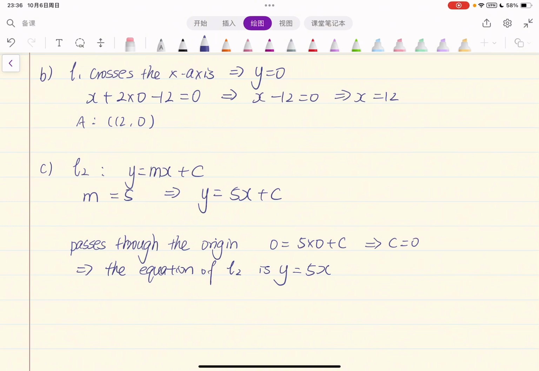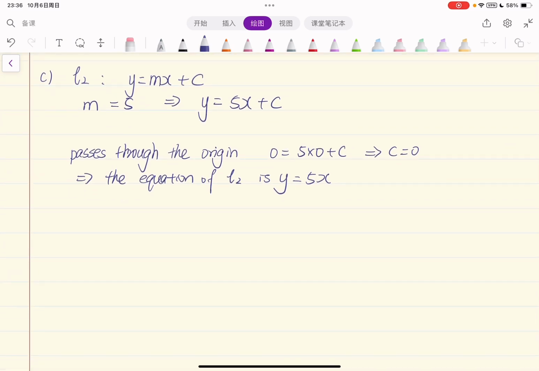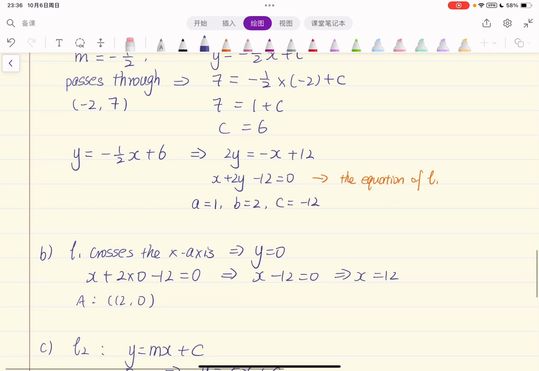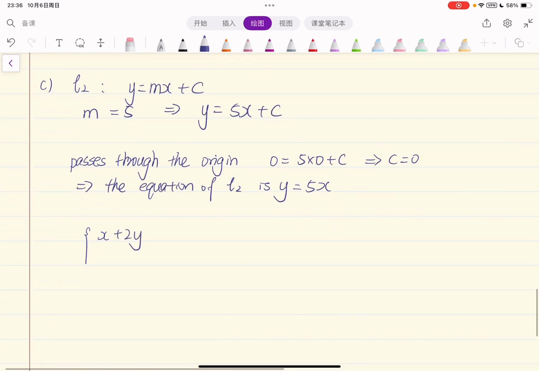Then we can find the coordinates of point B. Since L1 and L2 intersect at the point B, we have simultaneous equations. The first one is the equation of L1, that is x + 2y - 12 = 0, which is equation 1. And the second one is y = 5x, that is equation 2.